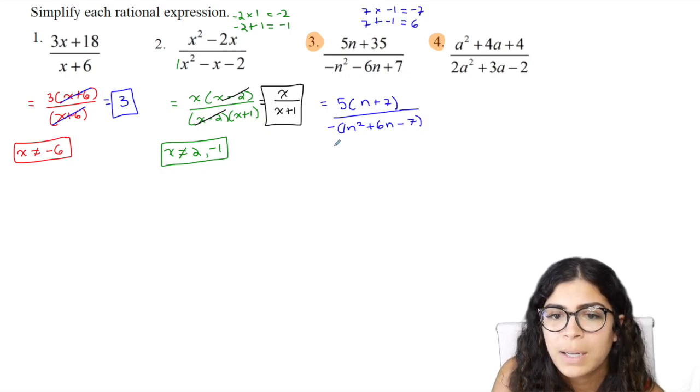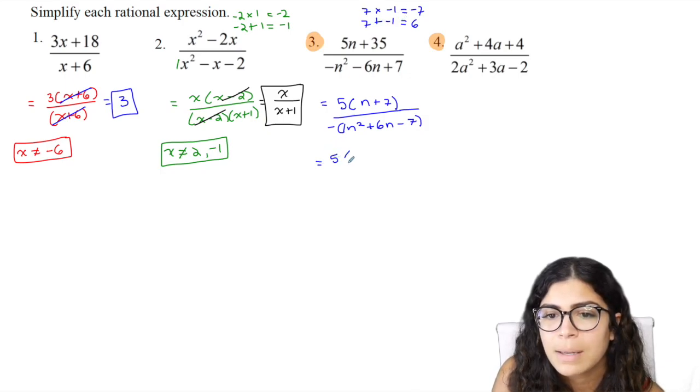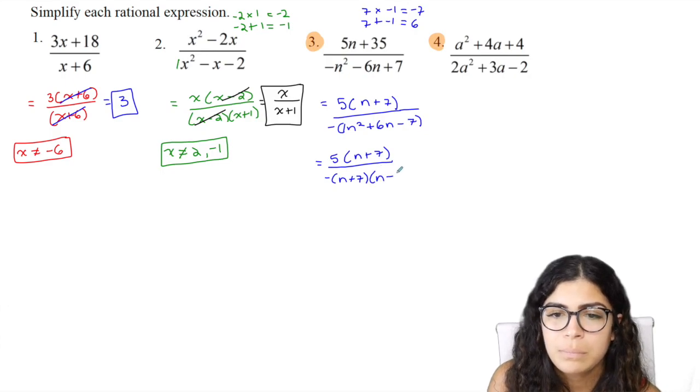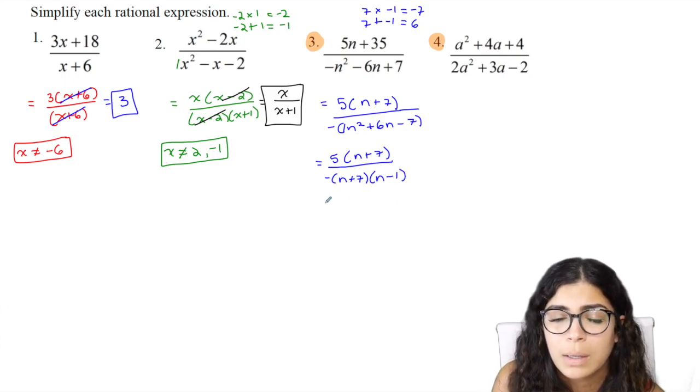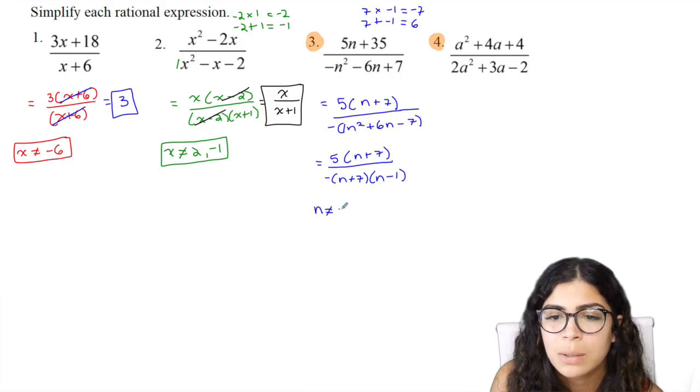So that would be 7 times negative 1, 7 plus negative 1. So we end up with 5 times n plus 7 over negative, and then this factors into n plus 7 times n minus 1. So the values of n that could not possibly be would be negative 7 and 1.